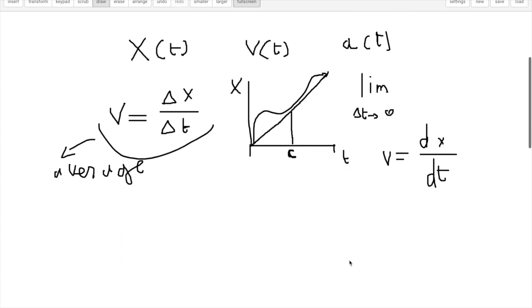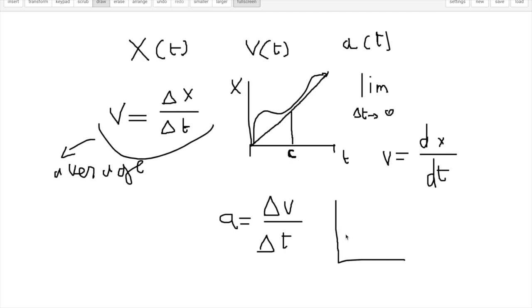Likewise, we know average acceleration is the change in velocity over the change in time. If we were to build a similar graph, but with velocity on the y-axis and time still on the x-axis, and a line here, this formula would give you the average acceleration, the slope of the secant line, which would look something like this.